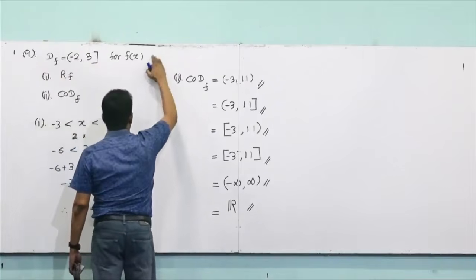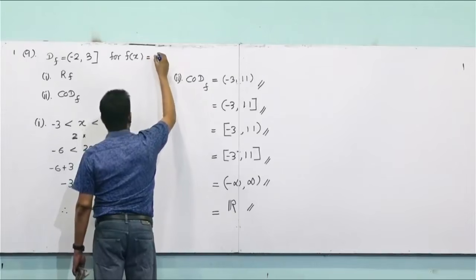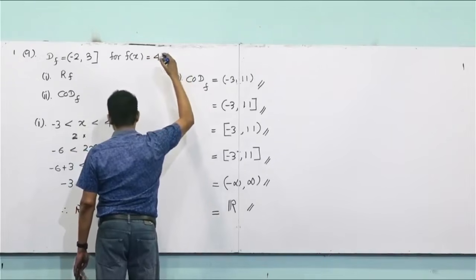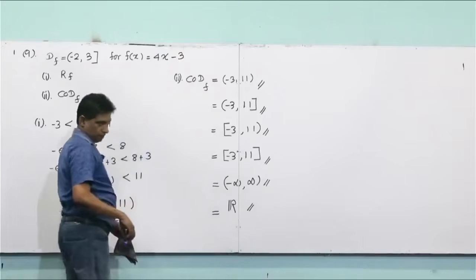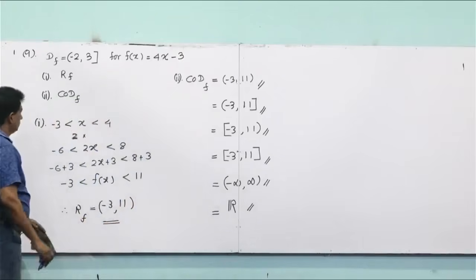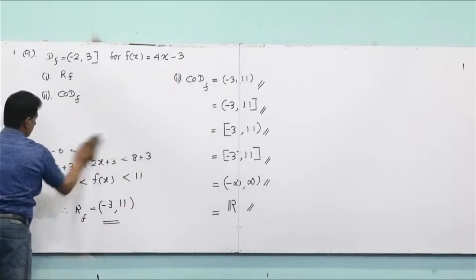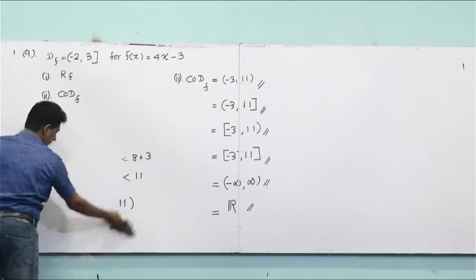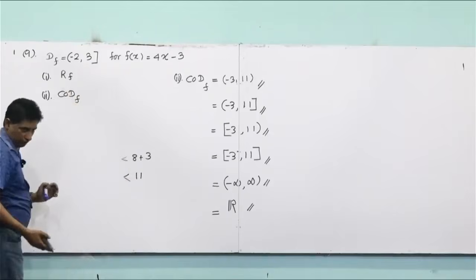Then f(x) is x minus 3. Now you have to find Rf and the codomain.